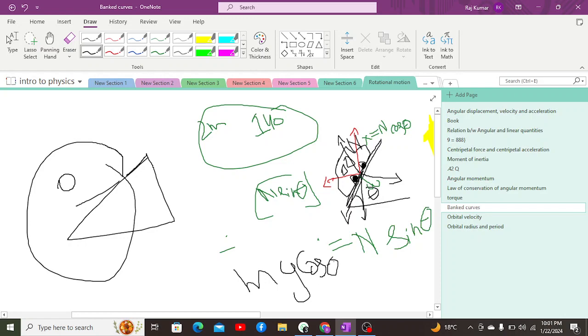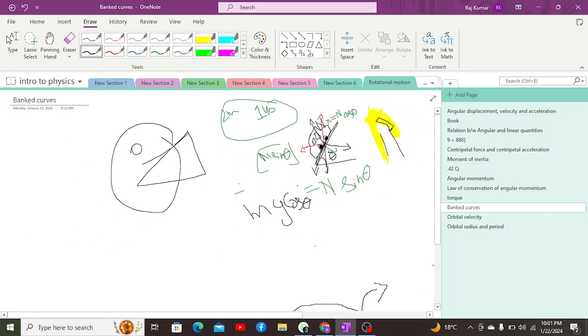Once we are done with it, here the force is equal to what? The normal force is represented by mv square upon r, because this normal force's vertical component acts as a centripetal force here.